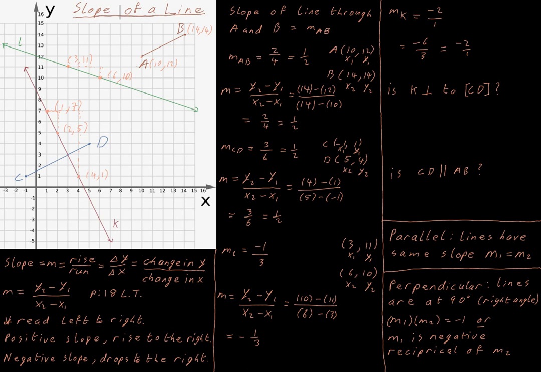Perpendicular is where we have our lines at 90 degrees to each other, or right angles to each other. And that means it's a little bit more complicated to work out. If we multiply the two slopes together, we get the number -1, or the first slope is the negative reciprocal of the second slope. That means we change the sign and turn the fraction upside down. And that'll give us the slope of the perpendicular.